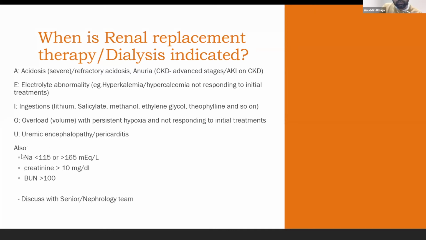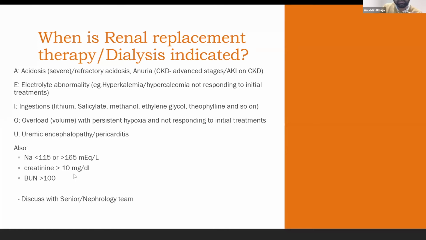Also, there are some considerations, especially with hyponatremia as well. It's a consideration for dialysis too. Despite correcting it with 3% normal saline, it's not getting corrected, and the patient is having significant symptoms, then you're thinking about dialysis.